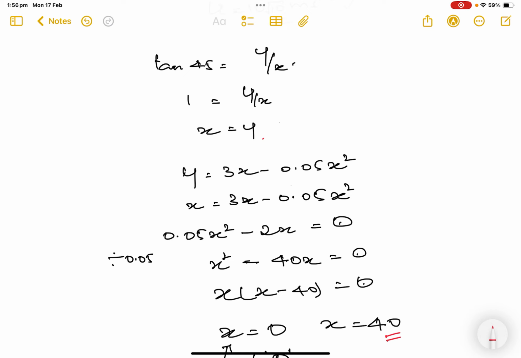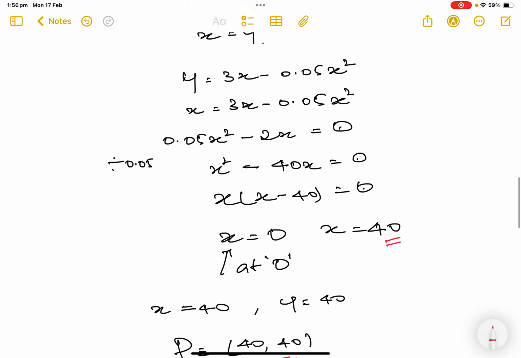So x equals 3x minus 0.05 x squared. Then if you bring that x squared to this side as 0.05 x squared, and bring that 3x to this side, x minus 3x is minus 2x, equals 0. Then if I divide both sides by 0.05, that is only x squared, and 2 divided by 0.05 is 40, x equals 0.